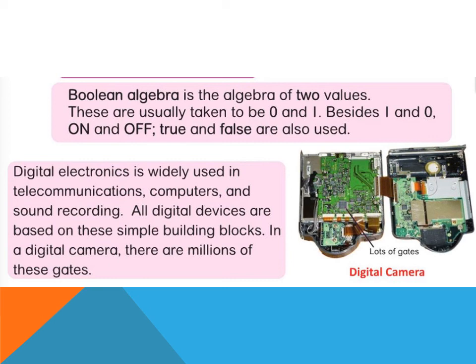The digital camera is opened up. There are lots of gates there. Look, there is a chip in the diagram. Within that chip, there are thousands and thousands of these gates. All these gates work together to make the electronic equipment. Here in our example, it is the digital camera. All these gates work together to make the digital camera work.